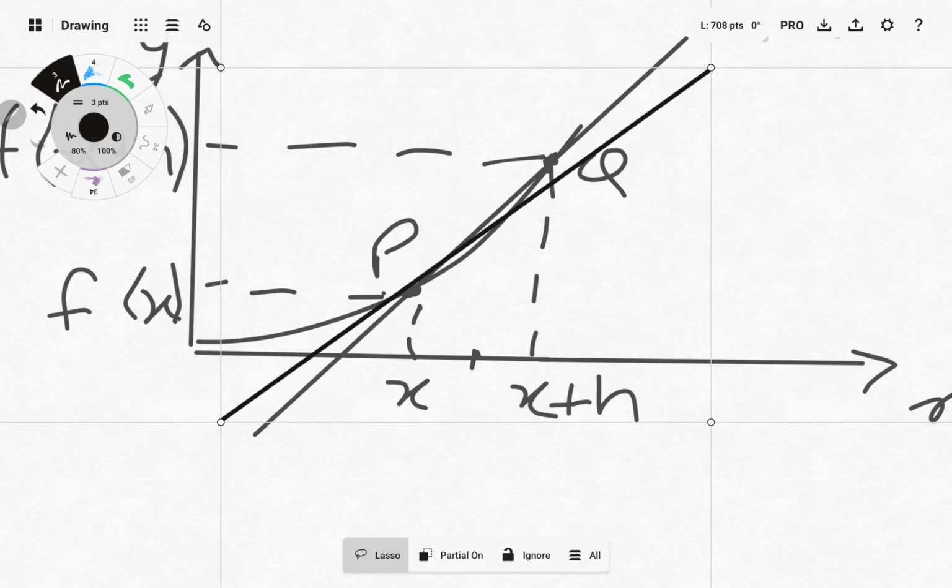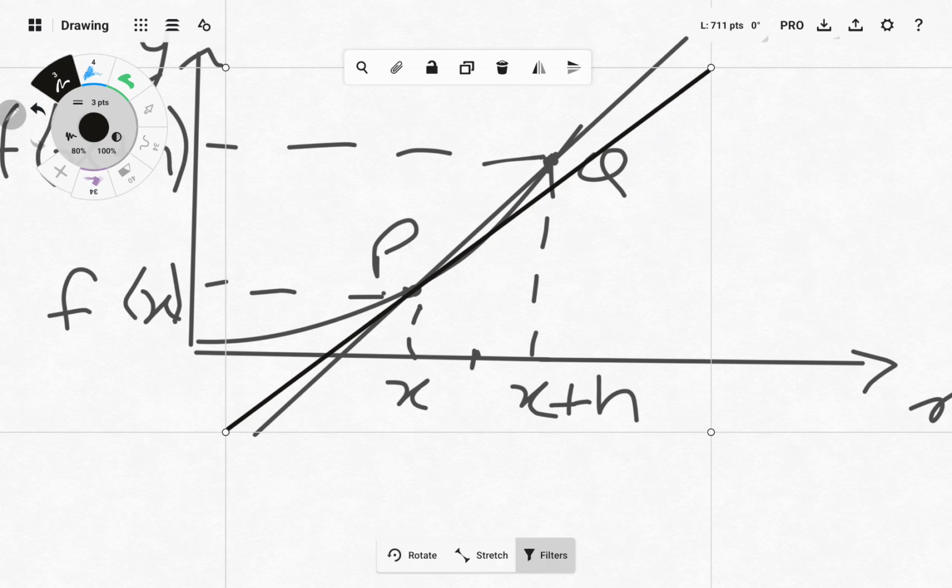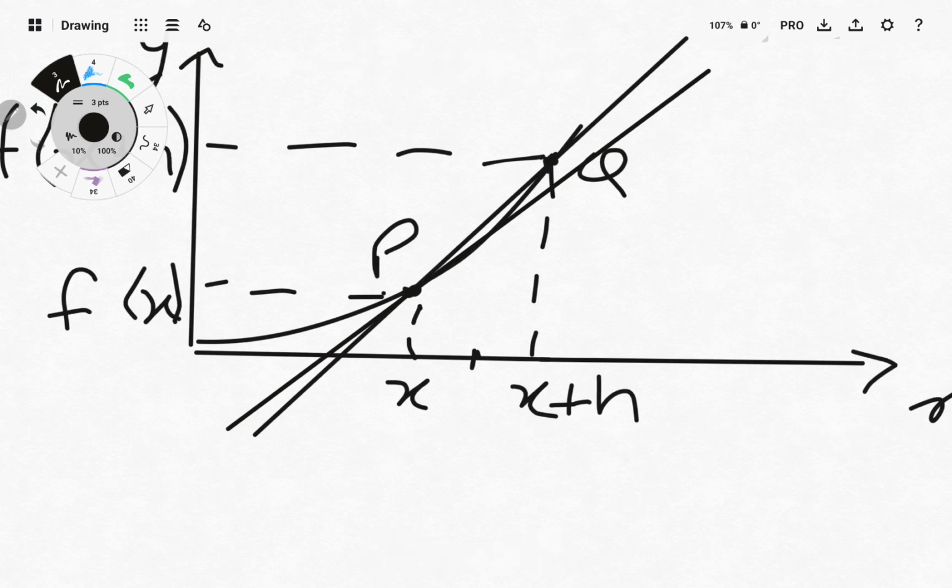Is this making sense? What I'm saying is that this is your new Q. I call this Q naught, the new Q. And this will keep happening as h decreases in magnitude.